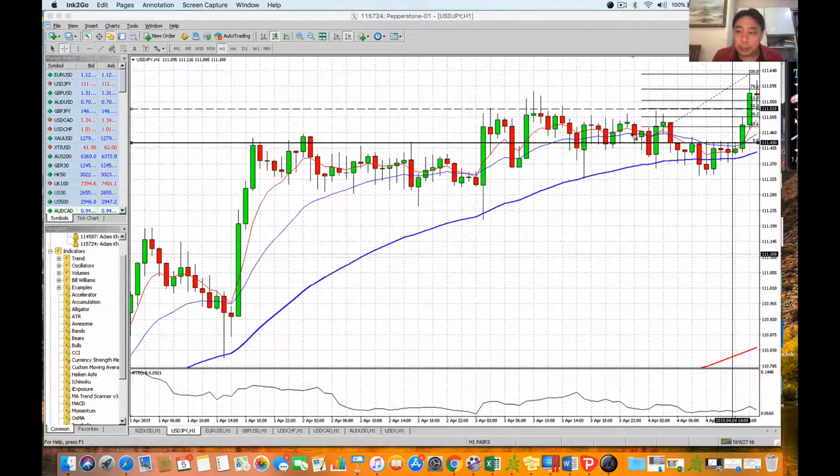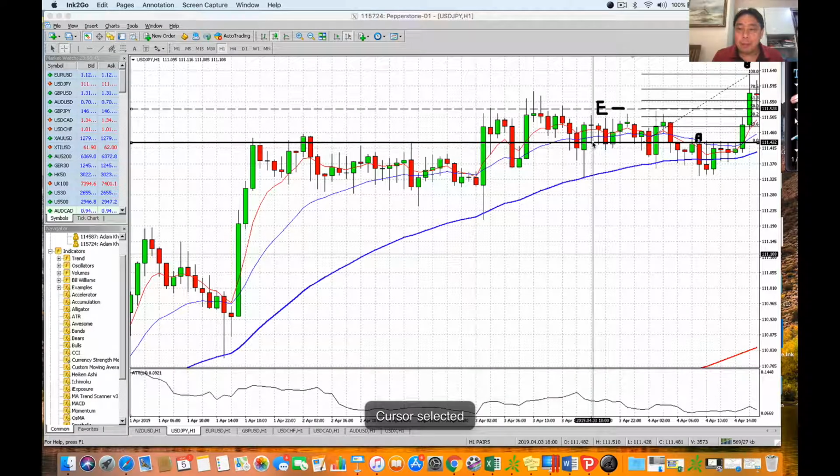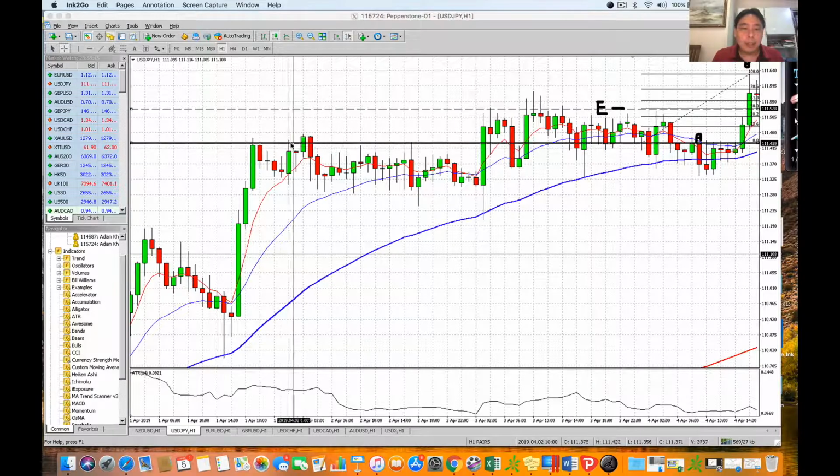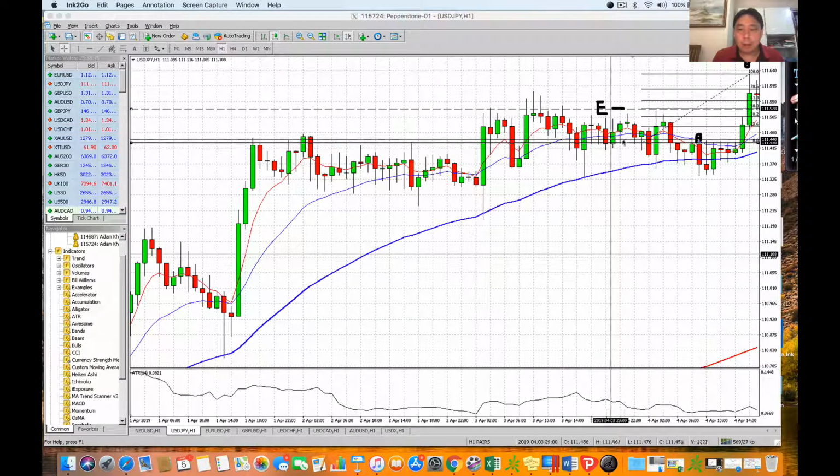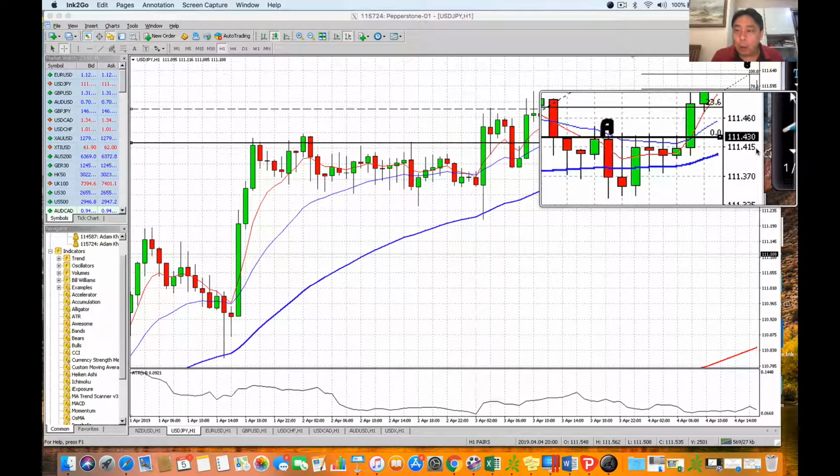So this, we call this A, we call that B, and the 50%, this is our entry price. We're gonna place our buy limit order over there. Now our stop loss, recall, will be 5 pips below this level of resistance and support.